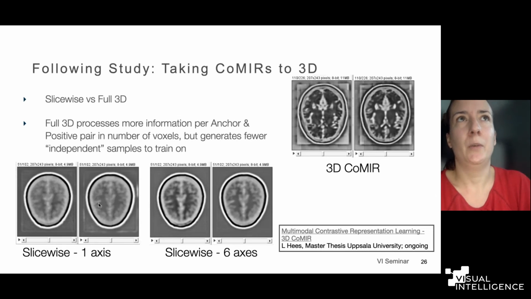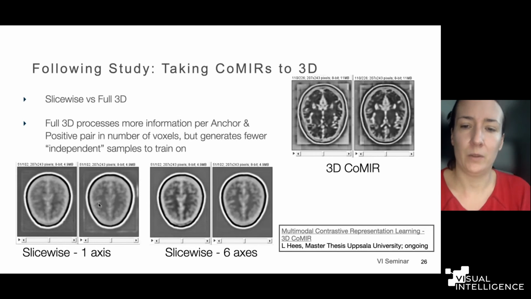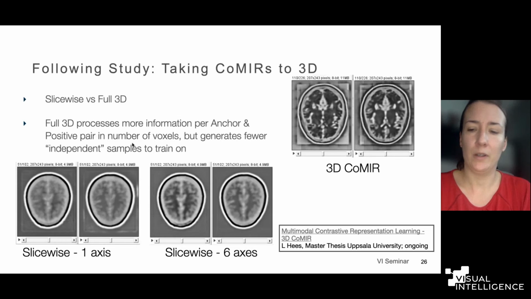But one thing that we could see is that when we learn these representations slice-wise, we just have a lot more training samples, like a lot more pairs of anchors and positives than when we are working in full 3D, and I can only crop so many cubes out of my brains for training data. But at the same time, when I work with the full 3D cubes, I do have more information per sample. So there's this aspect that we try to explore a bit more in the study.